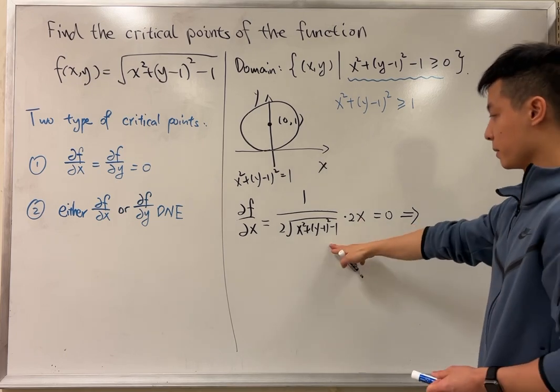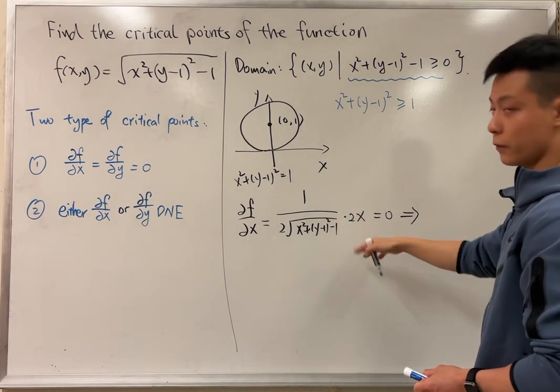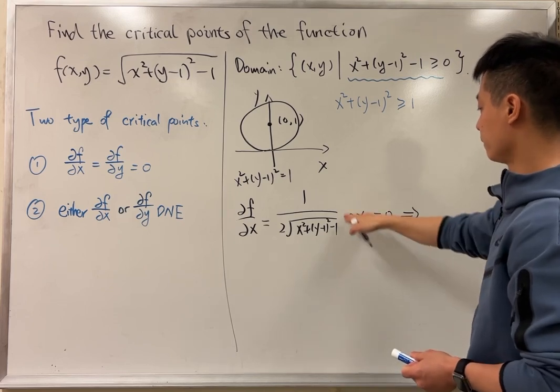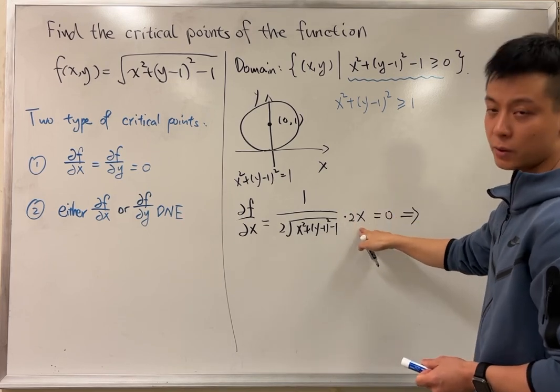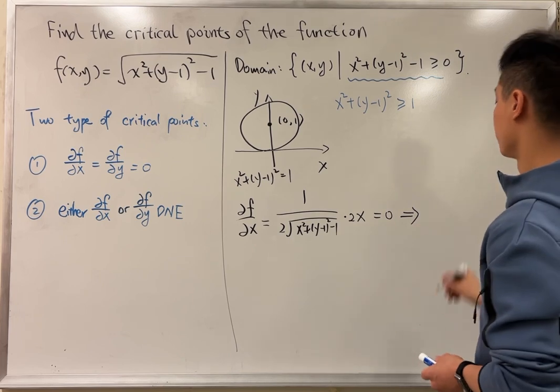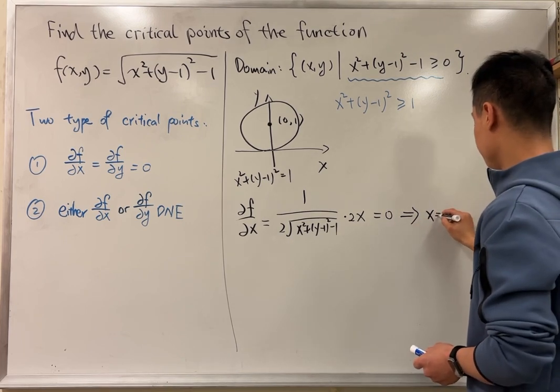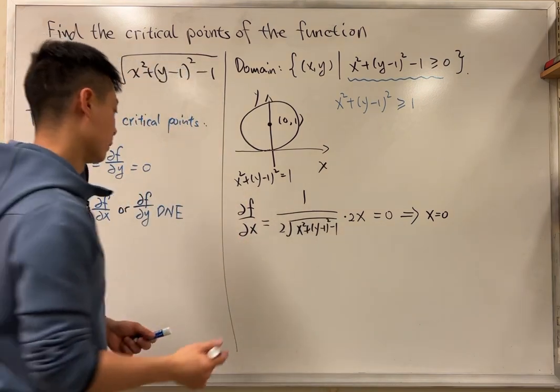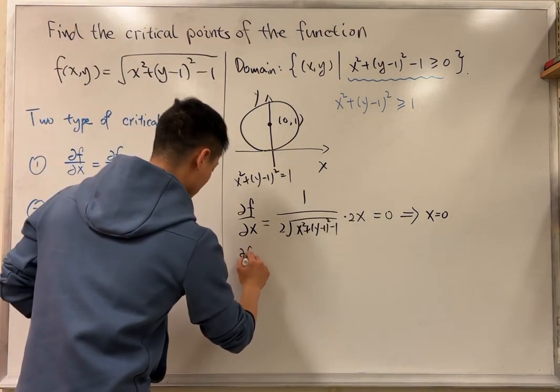Because the bottom cannot be 0, in order for this fraction to be 0, we have to have the numerator, which is 2x, equal 0, and that gives us x equals 0. And we do the same thing for the partial derivative with respect to y.